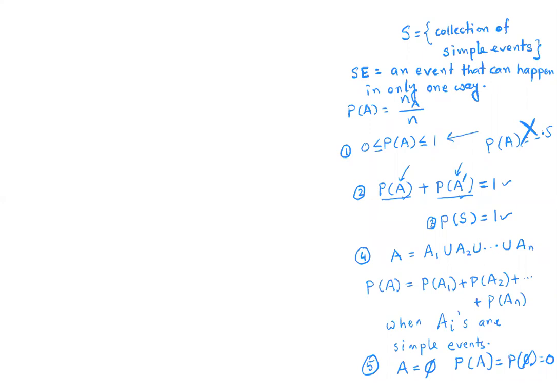Next, the properties of probability. The addition property: the probability of A union B is the probability of A plus the probability of B minus the probability of A intersection B. The easy way to remember this is using the Venn diagram.